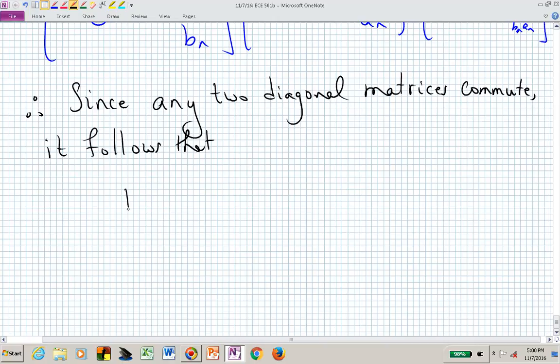That says that if we applied T to T dagger, that's going to be the same as T dagger applied to T. That relationship says the operator and its adjoint commute, which allows us to conclude statement A, that the operator T is in fact normal, since it satisfies that relationship.